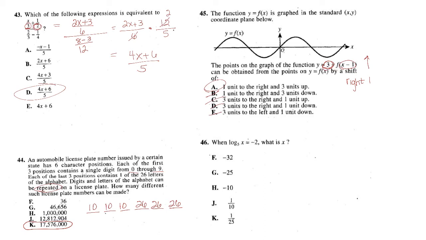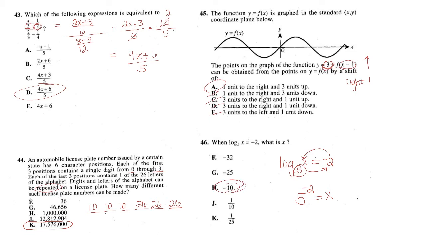All right, number 46 is a logarithm property. And the way we solve these logarithms, when they're set up like this, you're going to say 5 raised to the negative 2. So again, 5 with the negative 2 exponent is equal to what x value. Now look at this wrong answer sitting here.